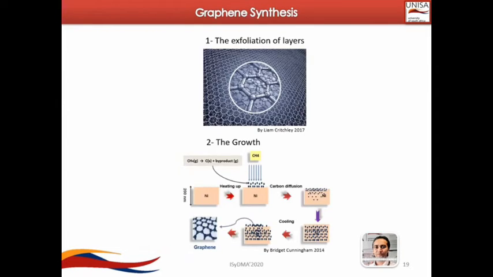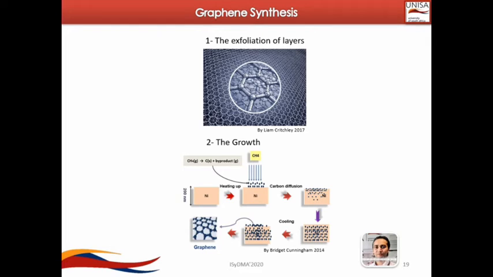To produce graphene, two main techniques were adopted. The first one is the modified Hummers method, which consists of the exfoliation and oxidation of graphite particles to isolate graphene layers.